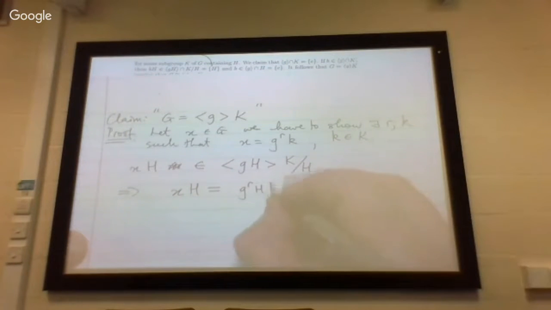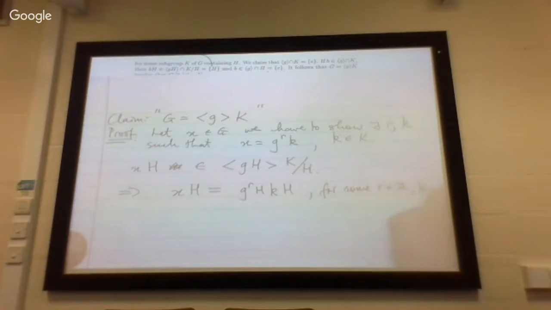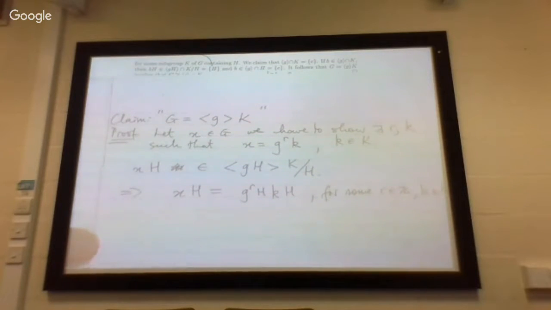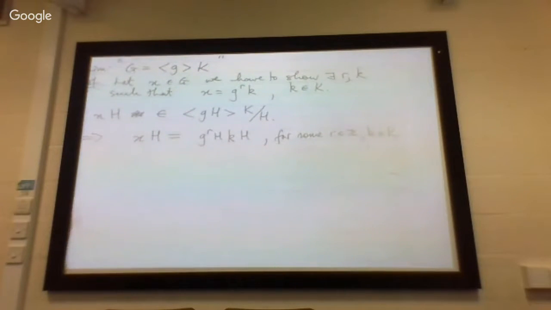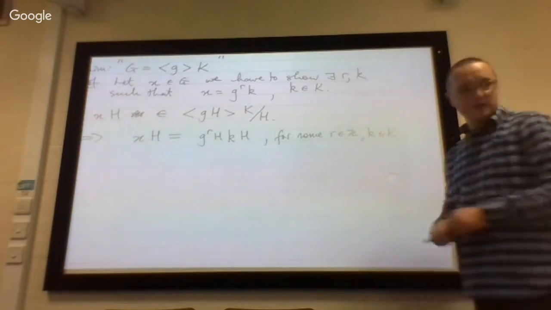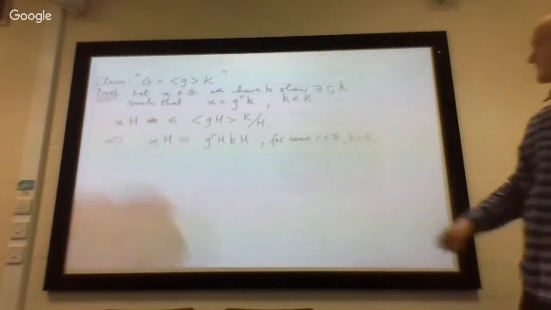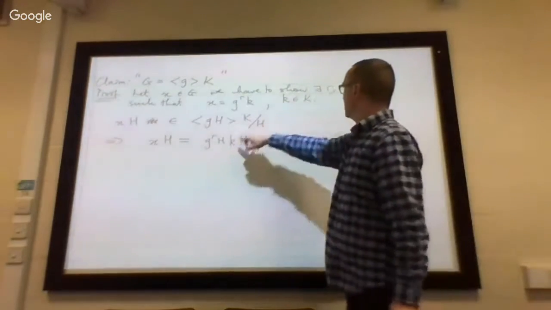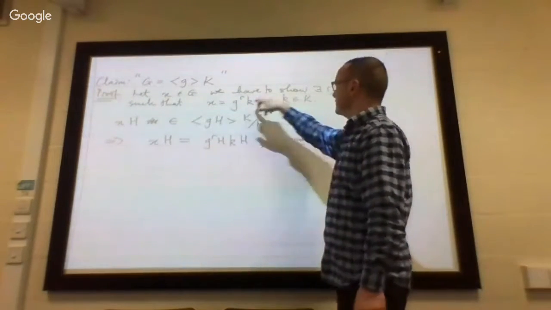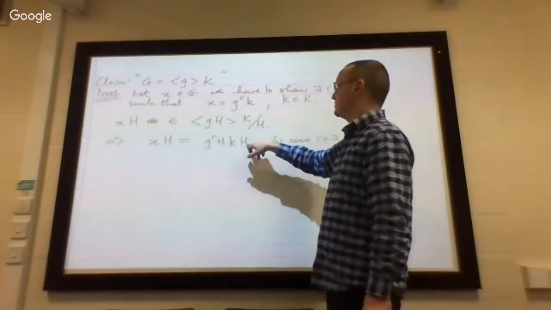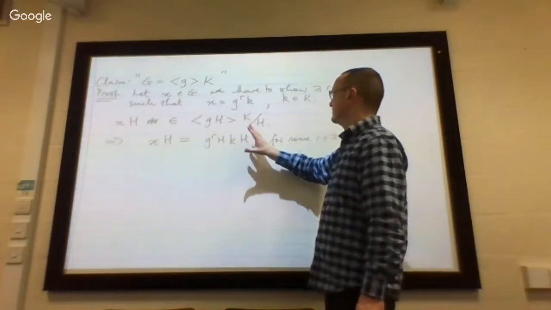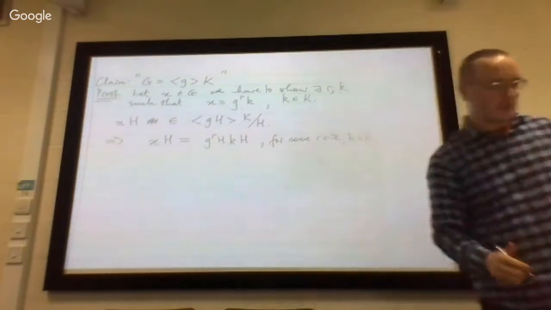You look like some K times H. So that's true for some integer R and some element little k in K. I'm kind of falling victim to the same trick. This K won't necessarily quite be this K we're looking for here. Maybe multiplied by something in H. We'll do that in a moment.